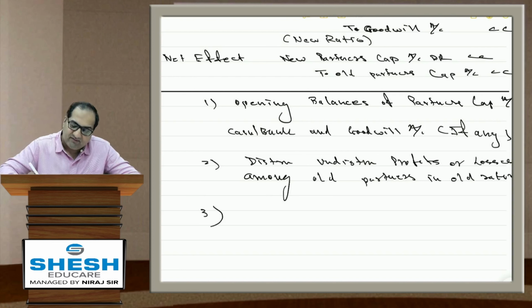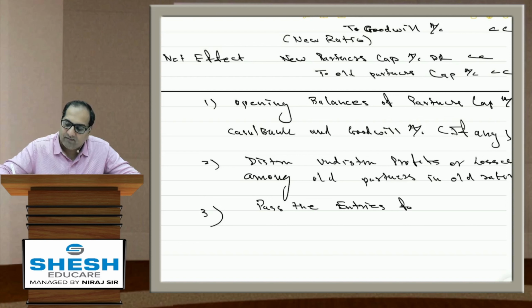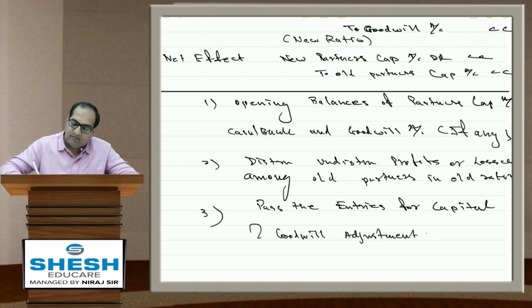Your step 3 is pass the entries for capital and goodwill adjustment. Step 4.